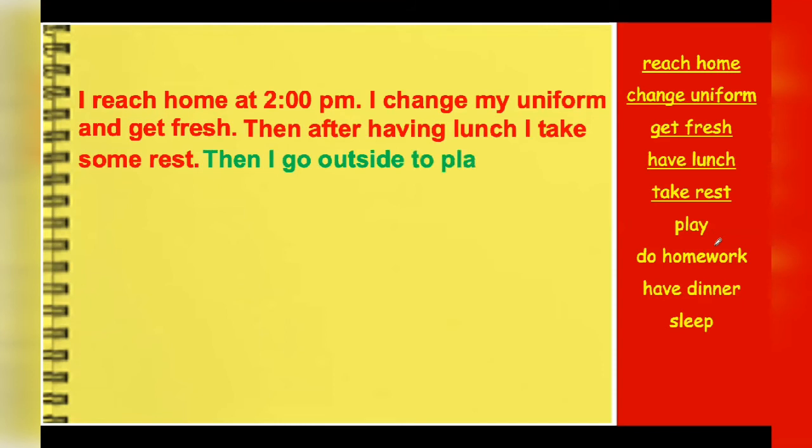Then I go outside to play with my friends, okay? Obviously we go outside to play, right? So I have just made it like this. Then I go outside to play with my friends. I have used the word play like this.